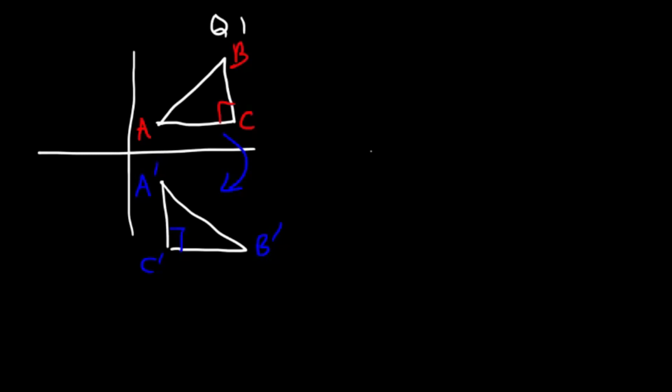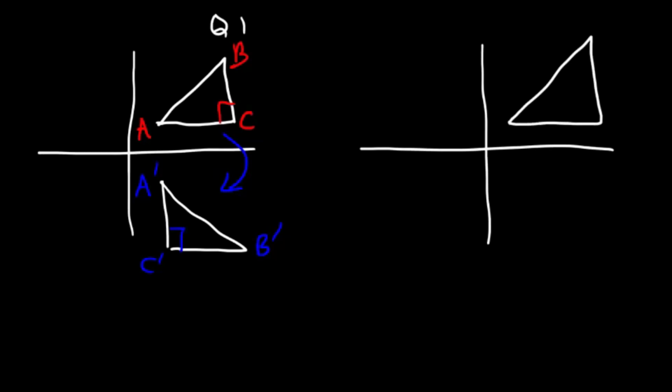Now what about rotating a figure 90 degrees counterclockwise? So let's start with the same original picture. If we rotate it counterclockwise, it's going to move from quadrant 1 to quadrant 2. So therefore, you're going to get a picture that looks like this.